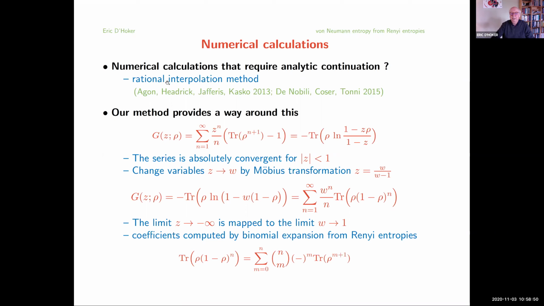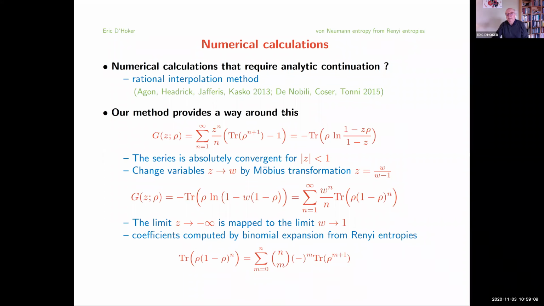That's pretty tricky, but nonetheless has been done by a method which is called rational interpolation by these authors. And they find results that in fact we can compare with. So let me show you how this works.